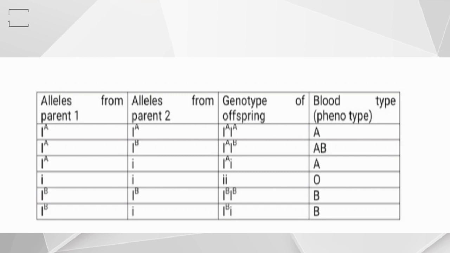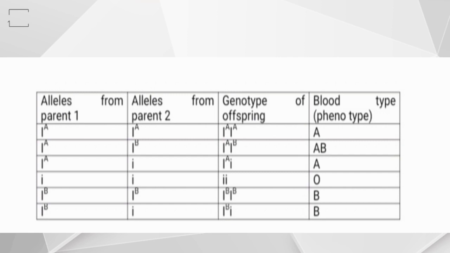The genotypes are IA IA and IA small i for phenotype A. Next, IB IB and IB small i for phenotype B. IA IB for phenotype AB and small i small i for phenotype O. So, when IA is present with small i, IA is expressed and the blood group becomes A. Similarly, when IB is present with small i, the blood group becomes B. The O blood group occurs only when both recessive alleles come together, which indicates IA and IB are completely dominant over small i.